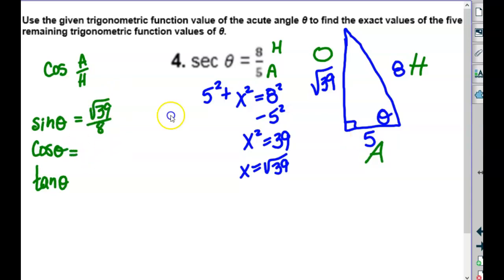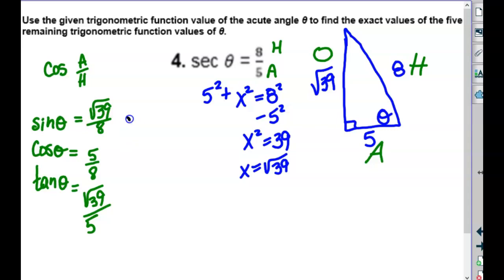Cosine is adjacent over hypotenuse, 5 over 8. Tangent, opposite over adjacent, which is square root of 39 over 5. Okay, so we got 2 of them we have to flip over. They're going to be a little messy, right?